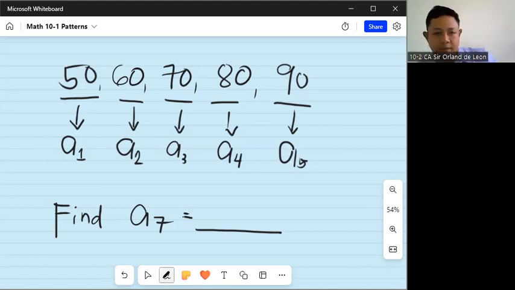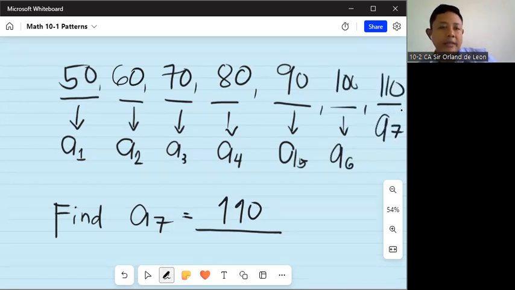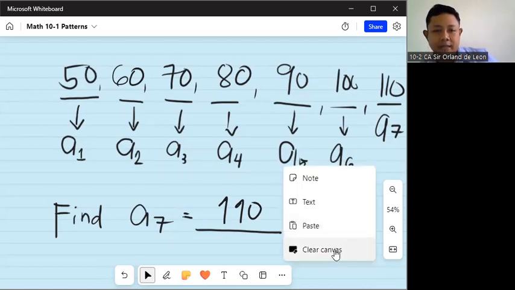Exactly. Very good. So we have 110. So therefore, by just following the pattern, A sub 6 will be 100. Hence, your A sub 7 will be 110, following the pattern of the sequence, which is adding 10 to get the next one. Got it? Show me a heart reaction if that's clear. Very good. Good. Okay. So let's continue.